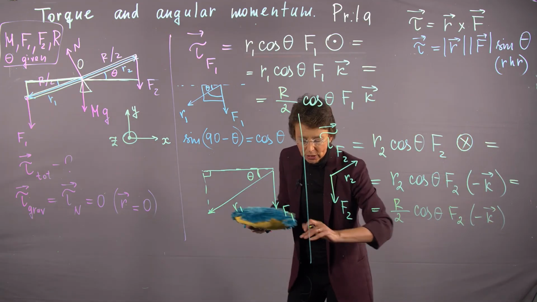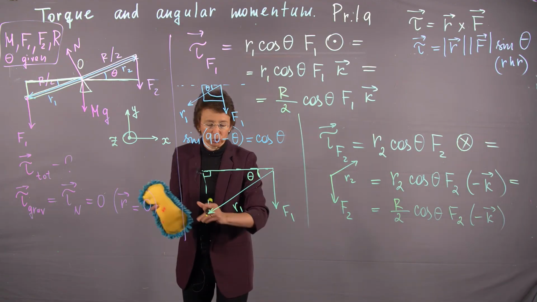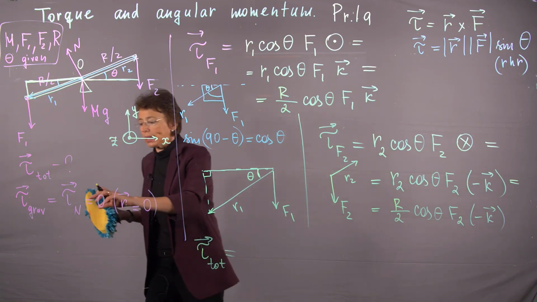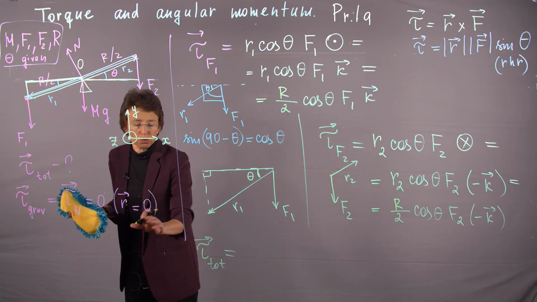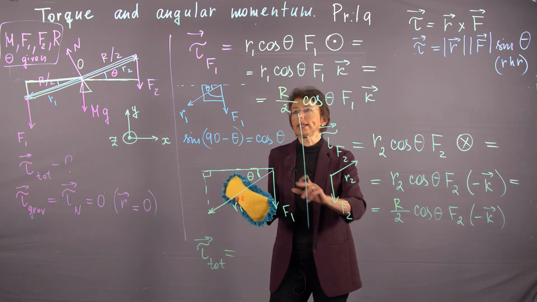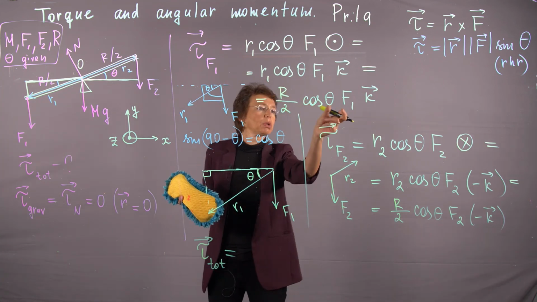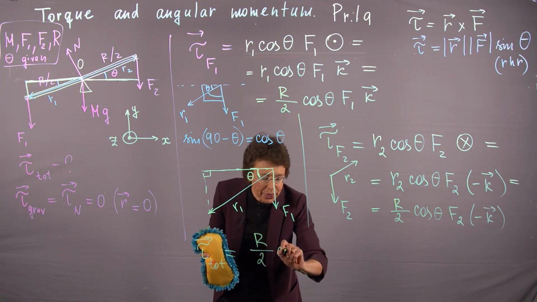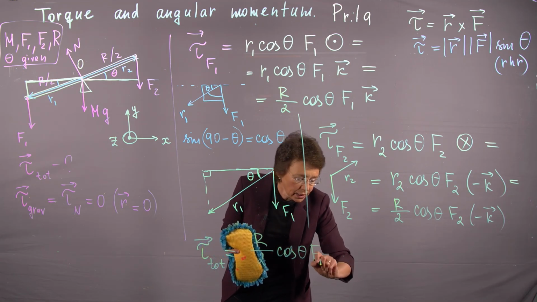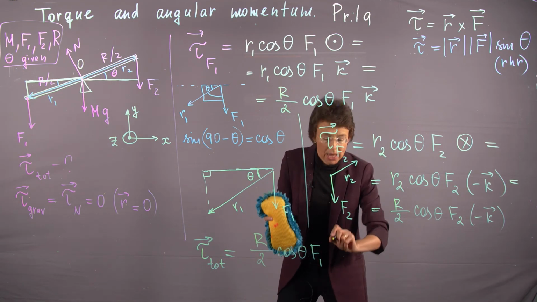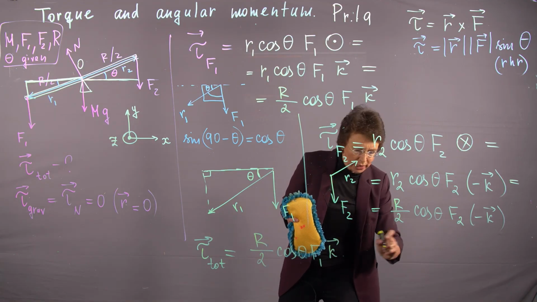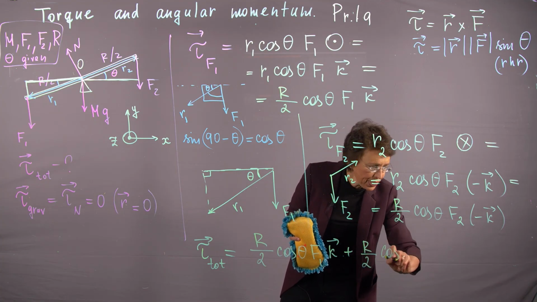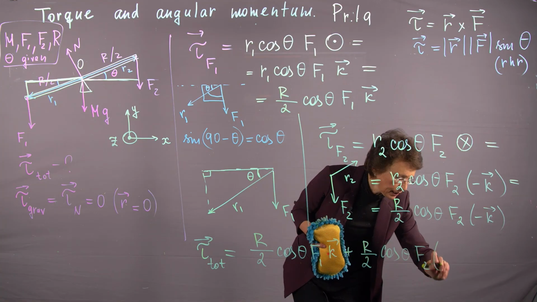All we need to do now is find the net torque created by all of these forces. Tau total is equal to the torque created by gravity plus the torque created by the normal force, both 0, plus the torque created by F1, which is R over 2 cosine theta F1 k, and the torque created by F2, which is R over 2 cosine theta F2 in the minus k direction.